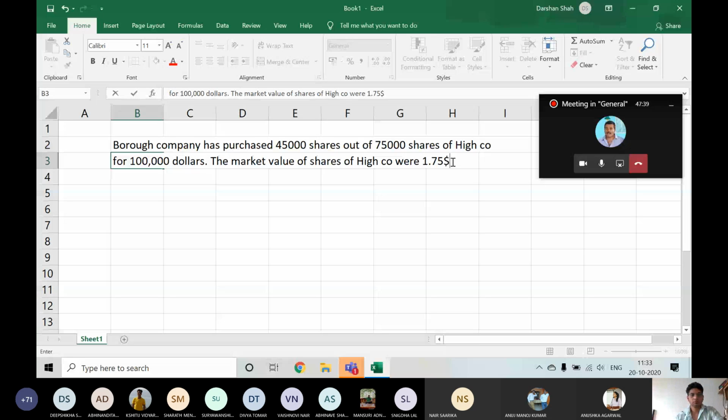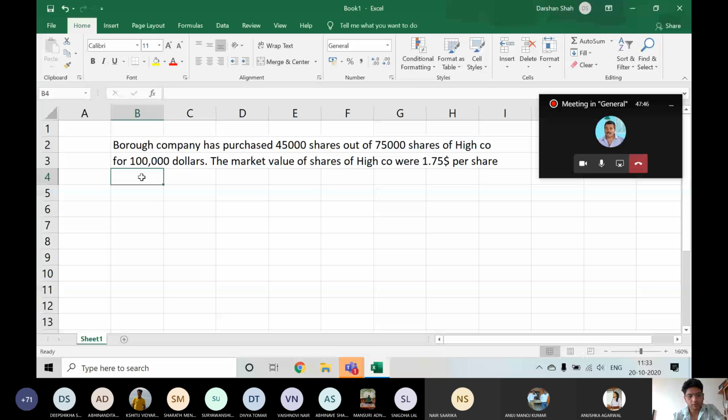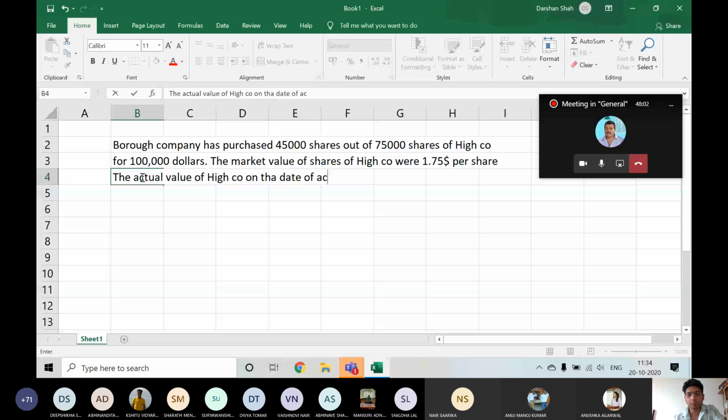Now the actual value of the subsidiary company, or let us say the actual value of High company on the date of acquisition, was 1,75,000, or let us take a lesser value, 1,20,000.